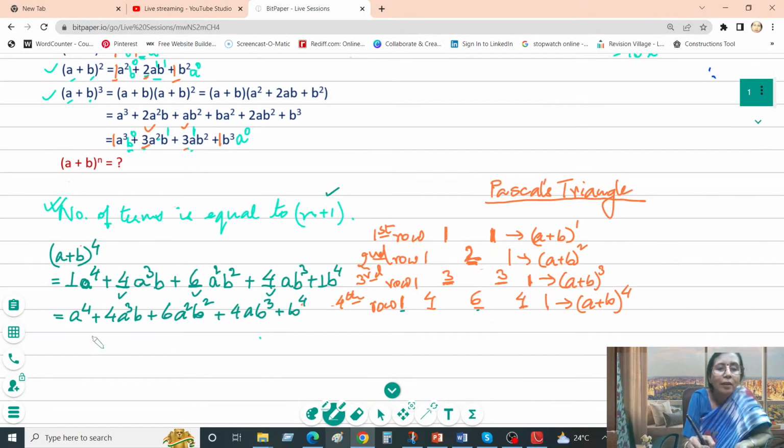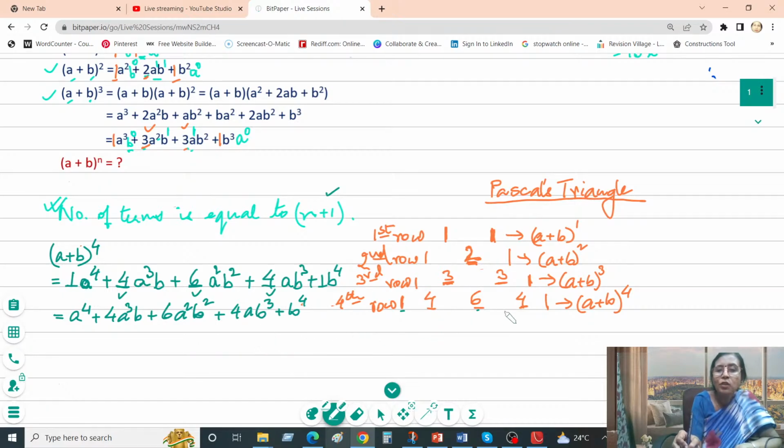Okay. So now, let us check. We have got this expansion, but we are not sure because this is new to us, and how should we be sure? Someone has said that this is the Pascal's triangle and this way we get the coefficients. Why should we be trusting anyone?